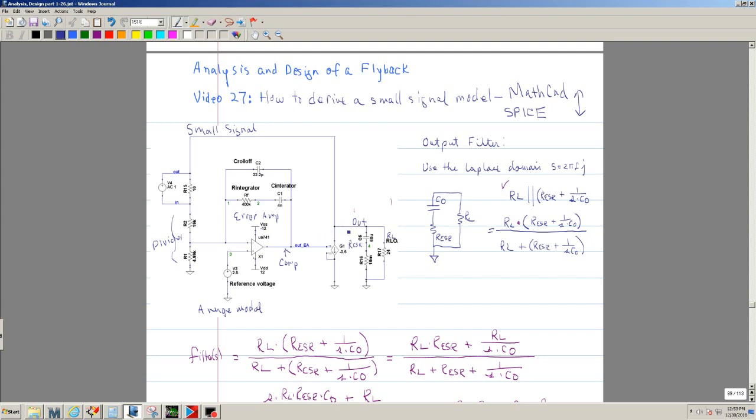So here is Jack's model or device. He uses a voltage controlled current source to model current mode.